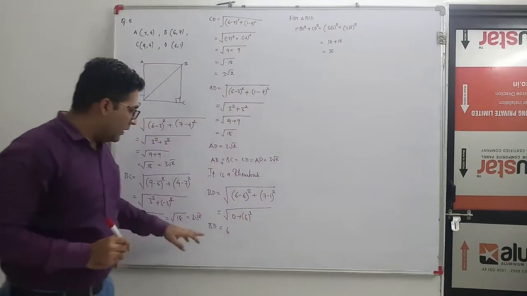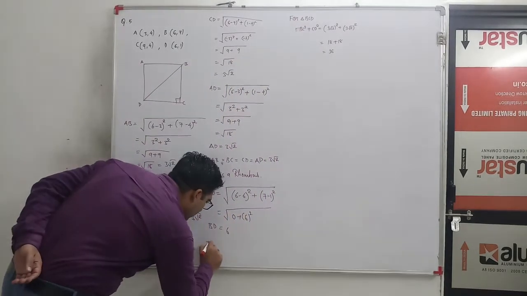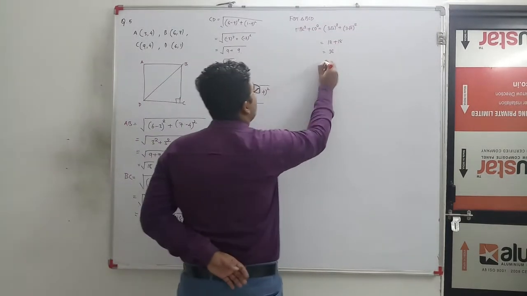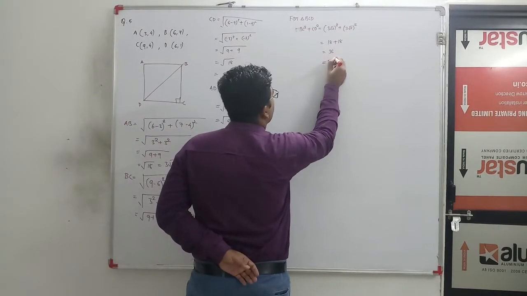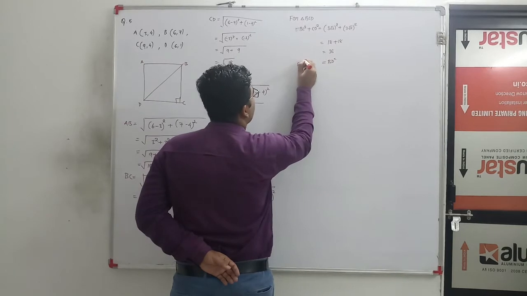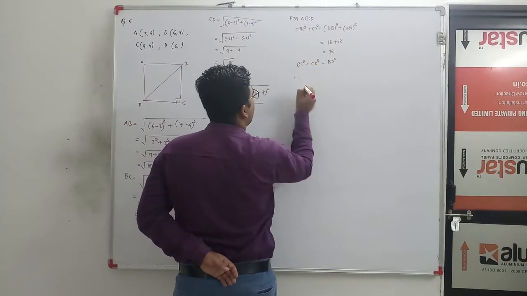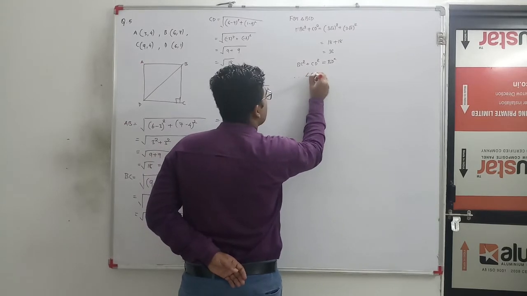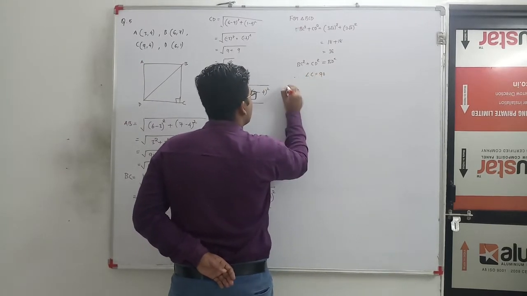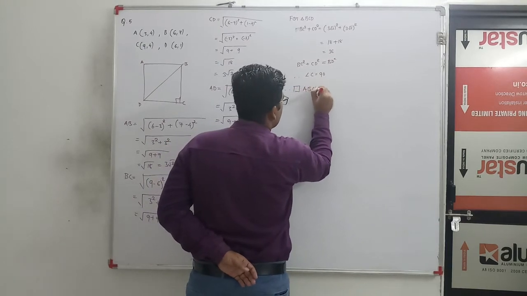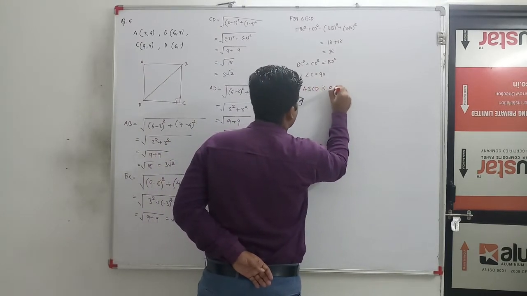Same way, BD square is 36. So BC square plus CD square is equal to BD square. Therefore, angle C is equal to 90 degrees. So therefore, quadrilateral ABCD is a square.